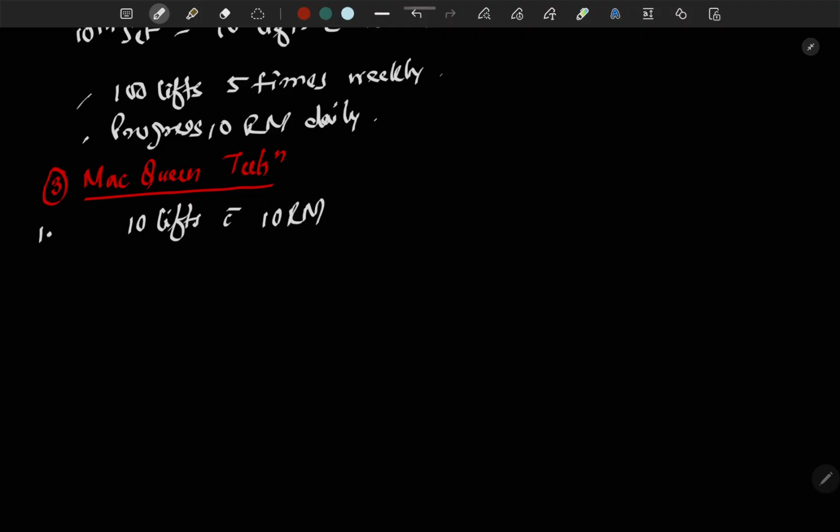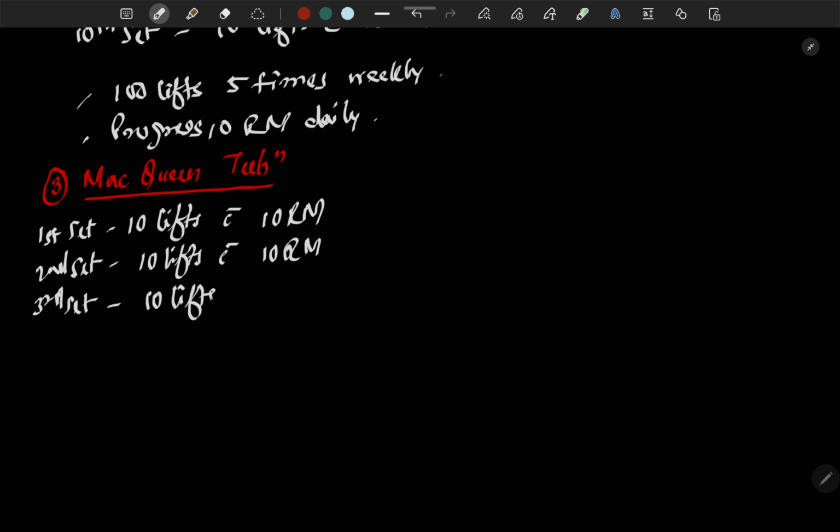First set, second set 10 lifts with 10 RM. Third set is again 10 lifts with 10 RM.